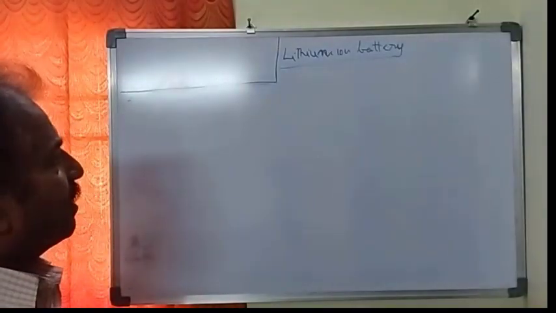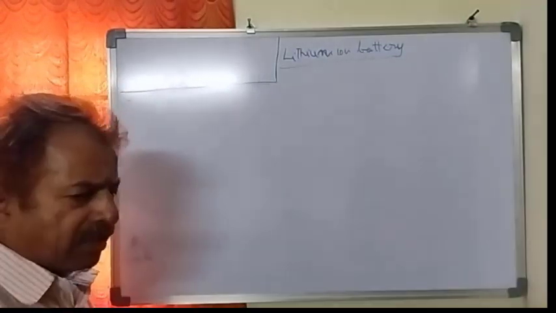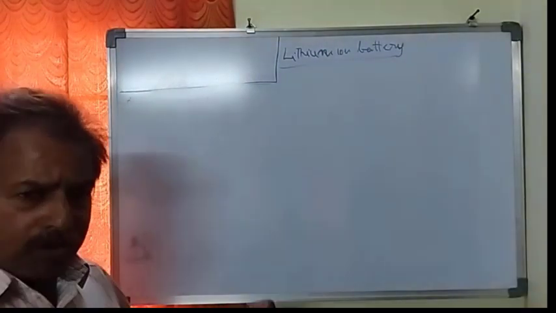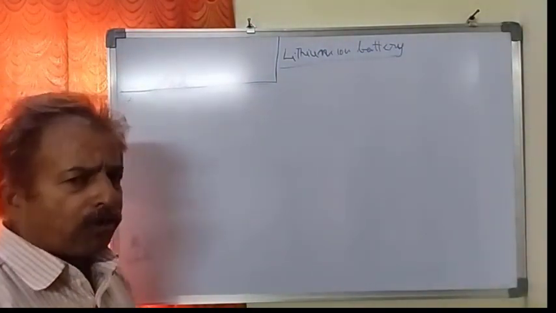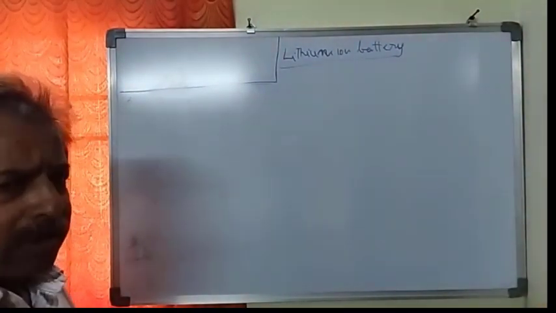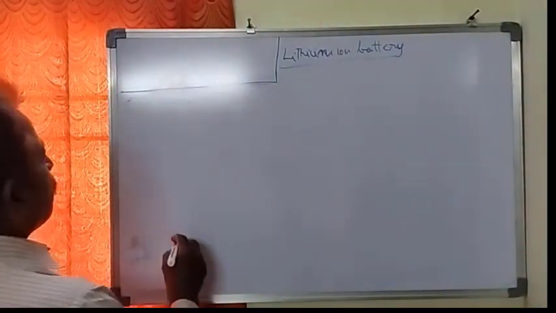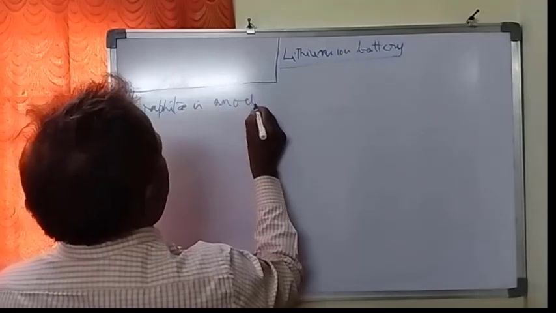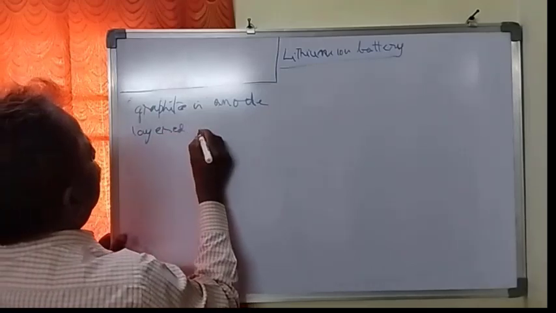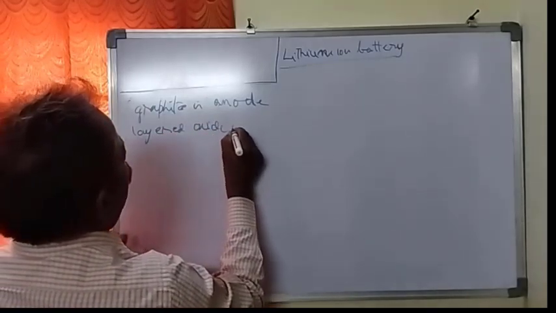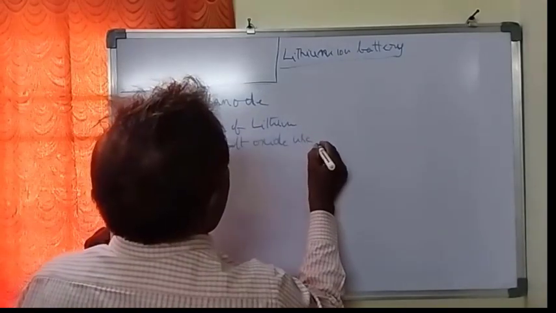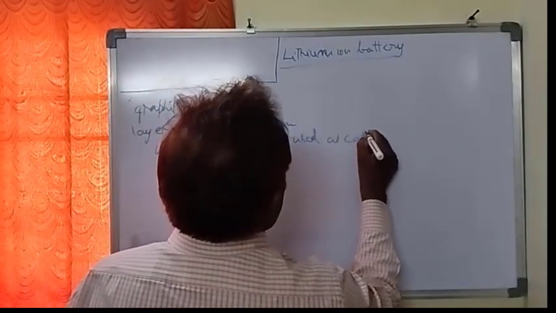Now another secondary cell is lithium ion battery. Nowadays the lithium ion batteries are widely used in cell phones, watches, electronic gadgets like laptop, tabs, etc. In lithium ion battery, graphite is anode and layered oxide of lithium, that is lithium cobalt oxide, is used as cathode.